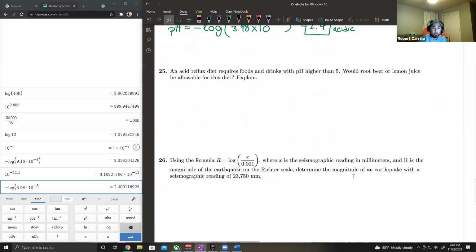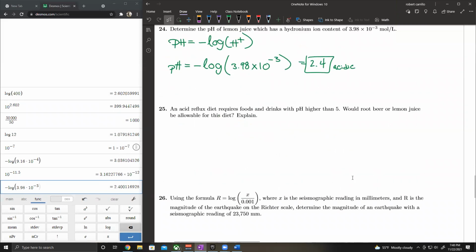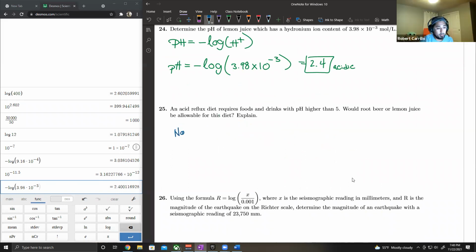Lemon juice is 2.4. In order to be on this reflux diet, we need a pH higher than 5. So would root beer or lemon juice be a good choice for this? No. Not at all. pH levels below 5.